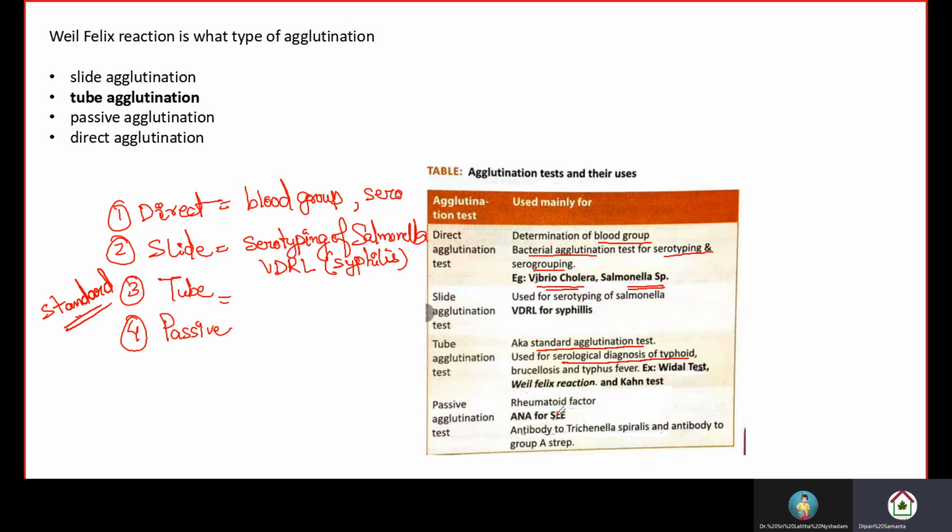Also brucellosis and typhus fever. Most important, typhoid. And also remember typhus fever and brucellosis. Example, the Widal test is a tube agglutination test.